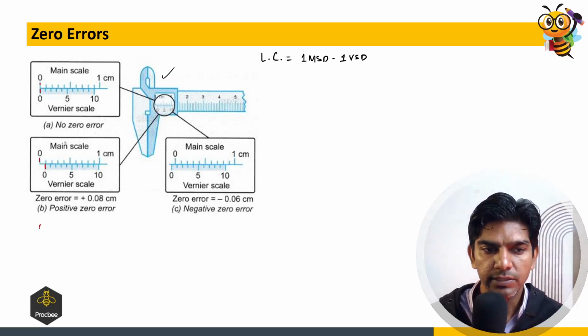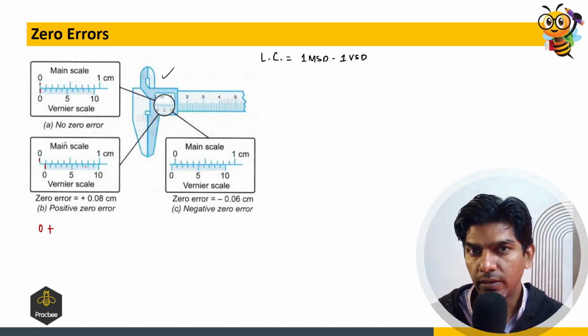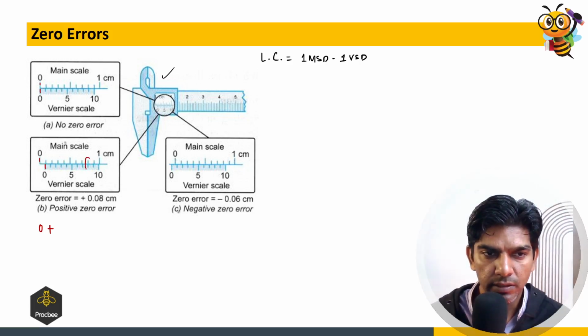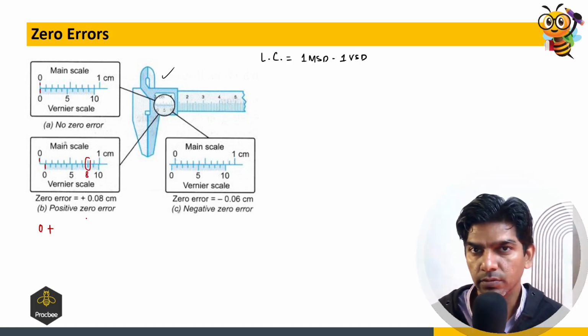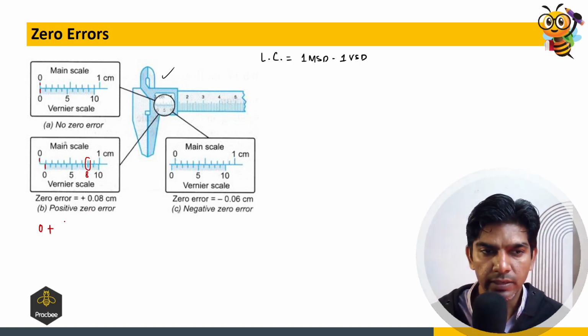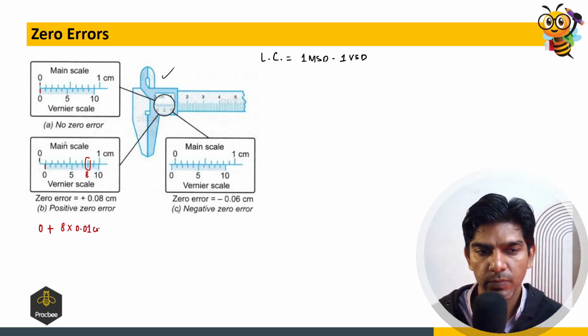It will be 0 plus, you have to first locate the division of the Vernier scale which is coinciding with the main scale. So if you look at this division, which is the 8th division, it is coinciding with the main scale. So we can say 8 times the least count. In this particular case, they have taken least count as 0.01 centimeter. So that will give us the positive zero error.